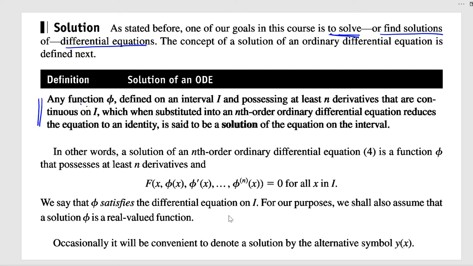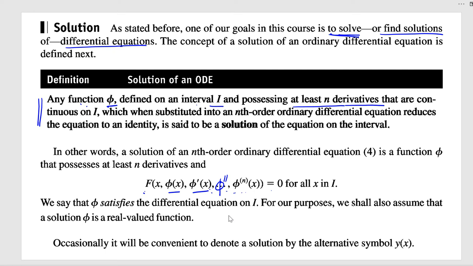Any function, for example phi, defined on the interval I, possessing at least n derivatives, that is phi, phi prime, the second order derivative, and in this way up to the nth order derivative, that are continuous on this interval.